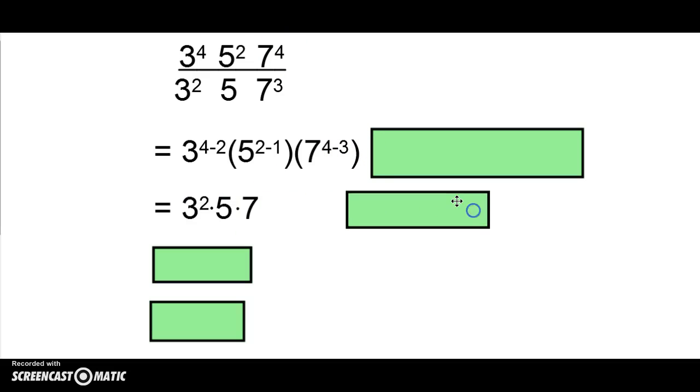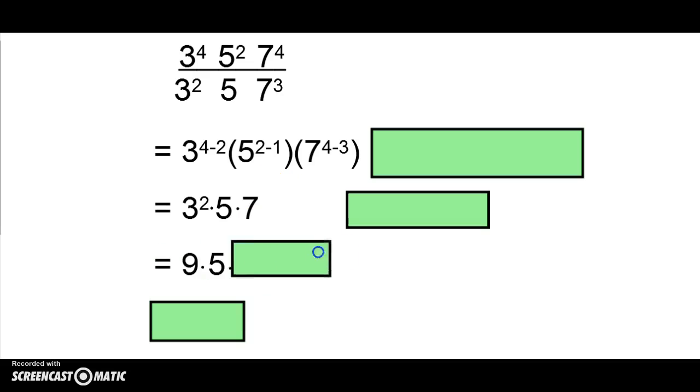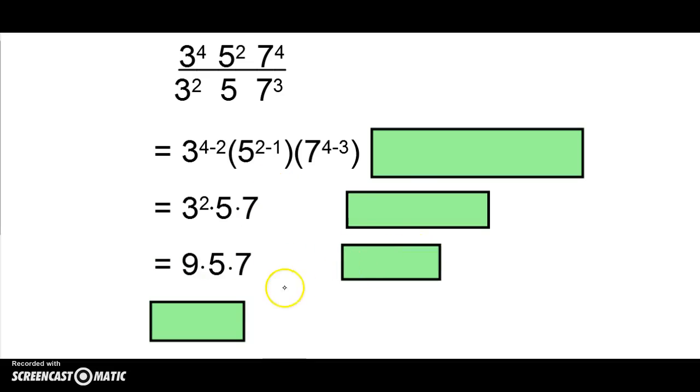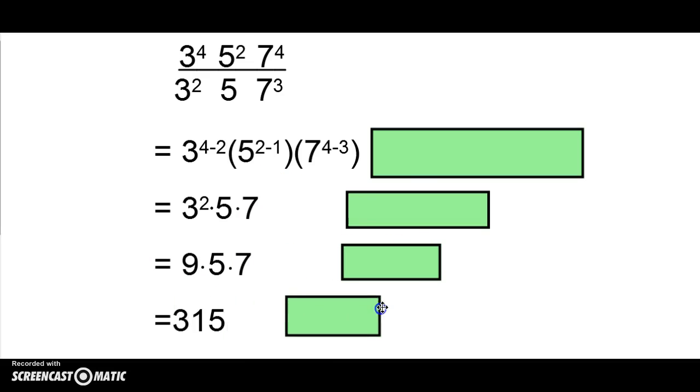So then you would have 3 squared, and then notice 2 minus 1 is 1, but you don't have to show it. It would just be plain 5. And same thing here, 4 minus 3, you don't have to show the 1, it's just plain 7. And so 9 times 5 times 7 equals 315.